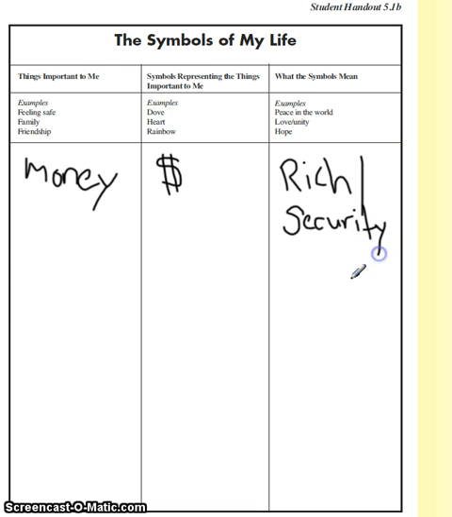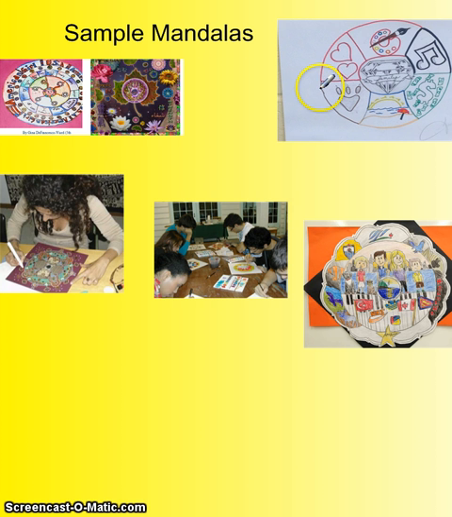Like I said, please excuse the writing. This is something new for us. So he would ideally complete the organizer with money being important to him, a symbol that represents it and what the symbol really means, and eventually transfer it over to his example at the top, where you see money.